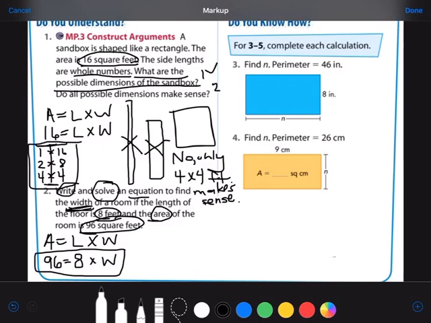Well, I need to find the missing factor in a multiplication problem. I need to do the opposite or the inverse operation. So we're going to need to do 96 divided by 8. If you need to write your daddy, mother, sister, brother, Rover on the side, go ahead and do that. 8 divides into 9 one time. Then we multiply. 1 times 8 is 8. Then we subtract. 9 minus 8 is 1. Then we bring down the 6.